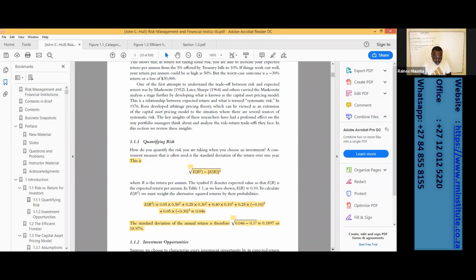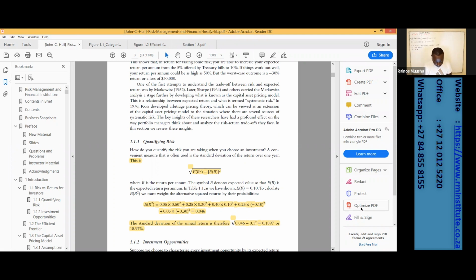In quantifying the risk of a single asset, I'm going to show you two methods, so that you know whether you're seeing one method or the other. Whether you take this route or the other route, you should know that at the end of the day you get the same answer.